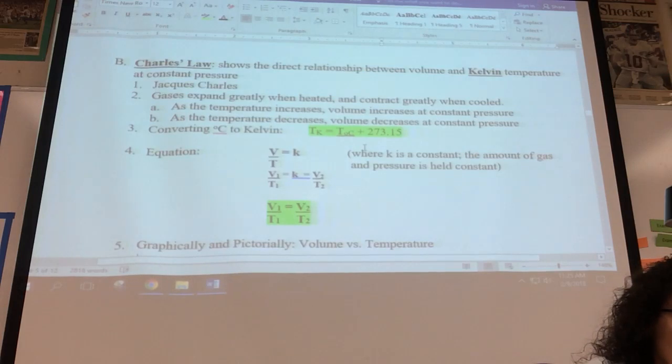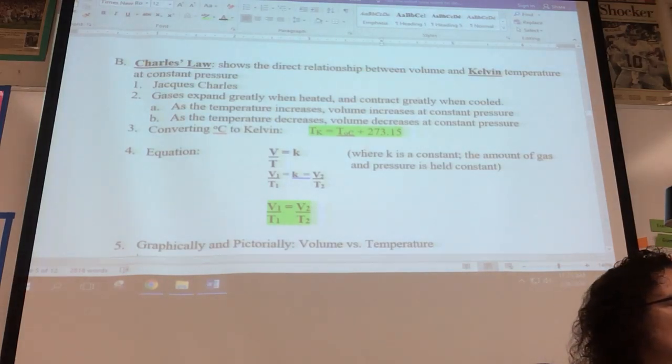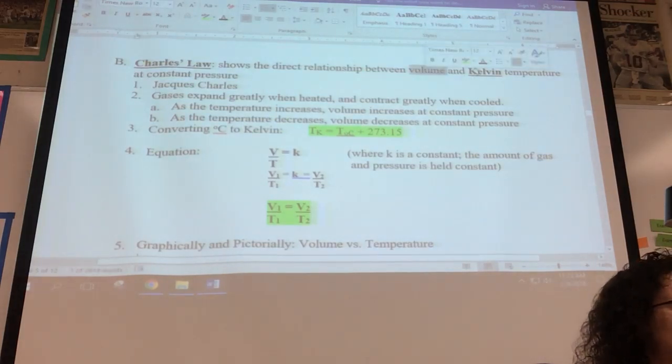Charles' law shows the direct relationship between volume and Kelvin temperature. Jacques Charles showed that when you heat a gas, it expands, and when you cool it, it contracts. So as you increase temperature, volume increases, keeping pressure constant. If you cool it, the volume decreases.